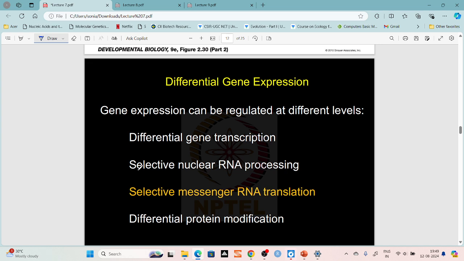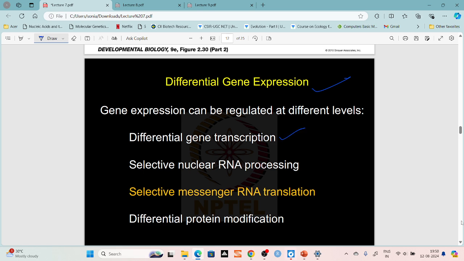So first is selective nuclear RNA processing, then selective mRNA translation. That means differential gene expression, because after this class, the differential gene expression topic would be finished. That's why we are again revising it. Differential gene expression can be done in different ways at different levels.